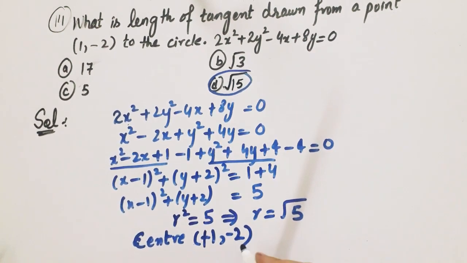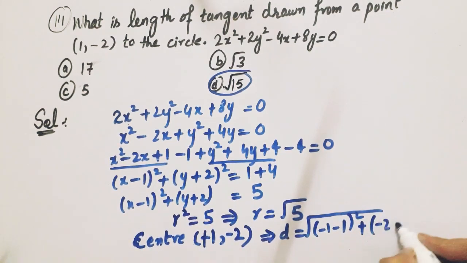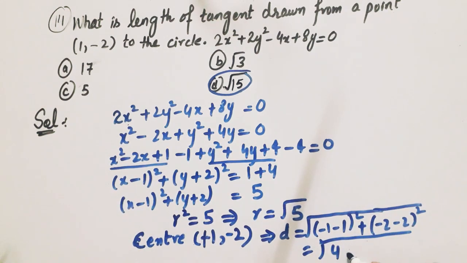So the distance will be equal to the square root of (minus 2 square) plus (4 square), which is 4 plus 16. So this is equal to the square root of 20. So the square root of 20 is the answer for the distance.